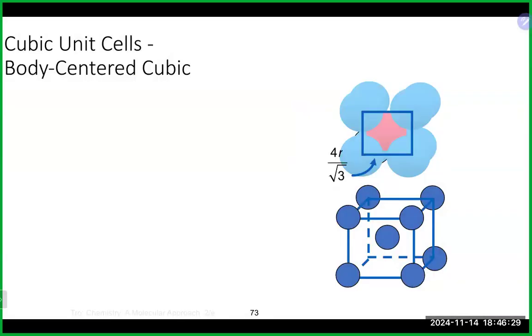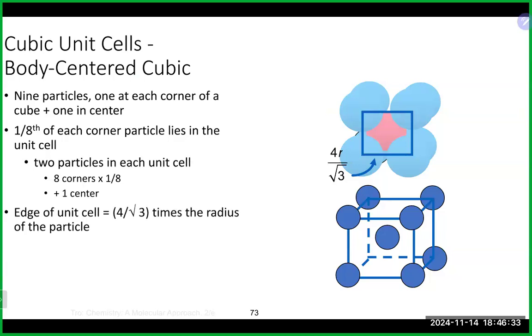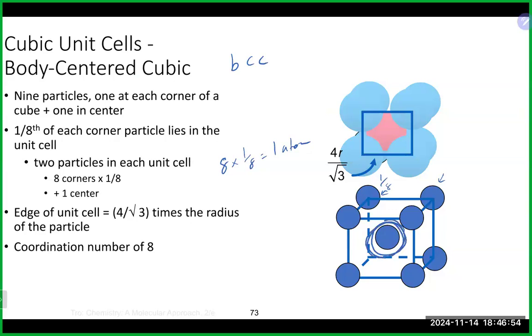Now, the next type of cubic cell, as I mentioned, is a body-centered cubic cell. And in a body-centered cubic cell, also abbreviated BCC, you still have the 1/8 of an atom in each of the corners, which is going to give us our 8 times 1/8, which is 1 atom. Now, because this is body-centered, you also have one entire whole atom sitting right in the center of the cube.